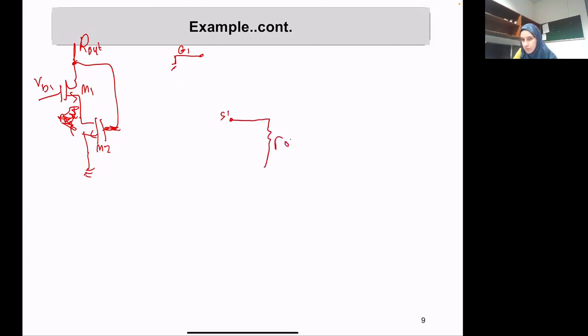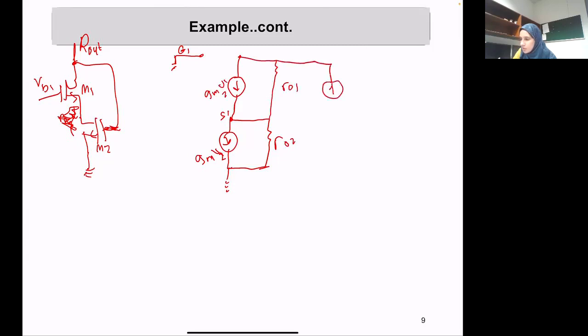So we will have R out 2, and then here gm times V1. Let's call it V2. And we have here another, R out 1. And from this side, we are applying the test source.